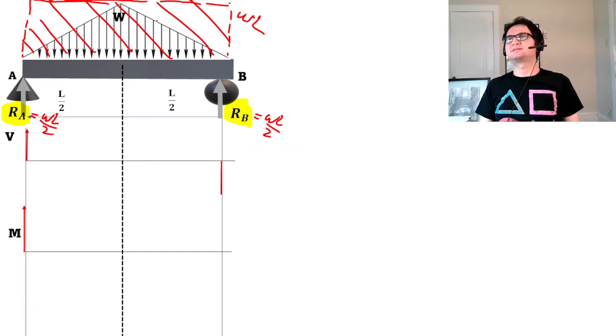If we add these two parts, the triangles go to a rectangle. So the area of our shape, which is the black two-piece triangles, is half of the total. So that says this is WL over 4. So forces go by half if the total load is halved in comparison to the red rectangle.